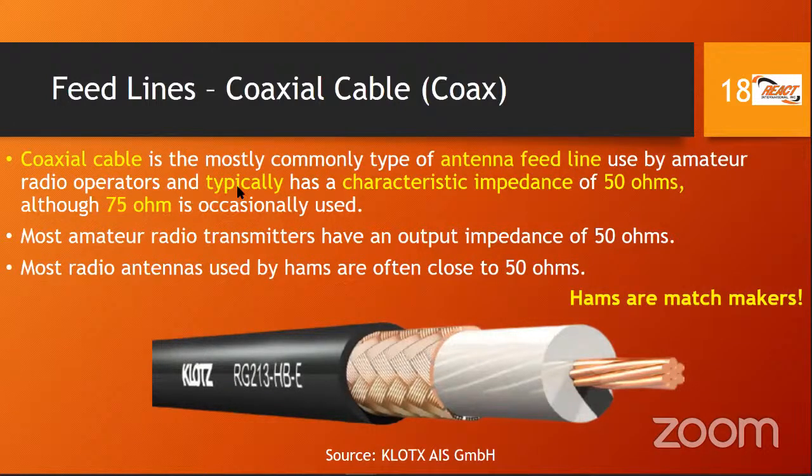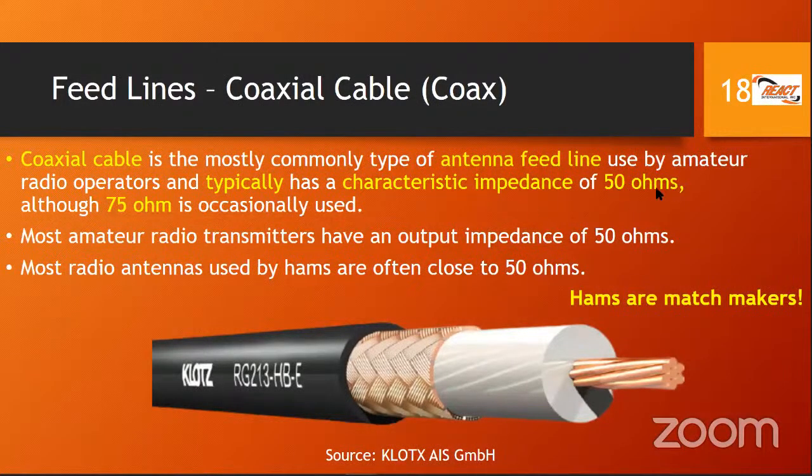And we need to know for the exam that the characteristic impedance of coax used by hams is 50 ohms. But also note that 75 ohm cable is used from time to time, not very often. In your exam they will ask you what's the characteristic impedance of coaxial cable used by hams, and you need to know it's both 50 and 75 ohms.